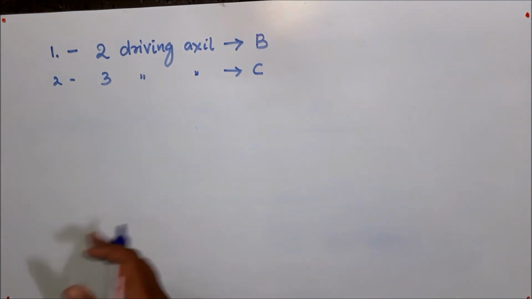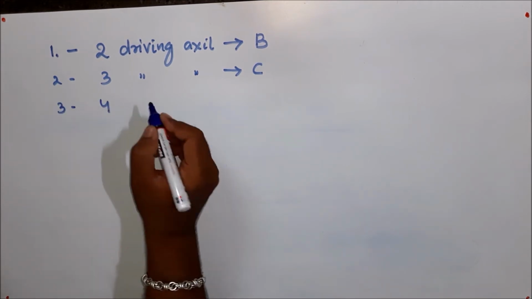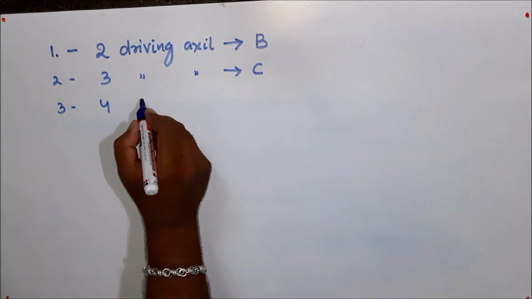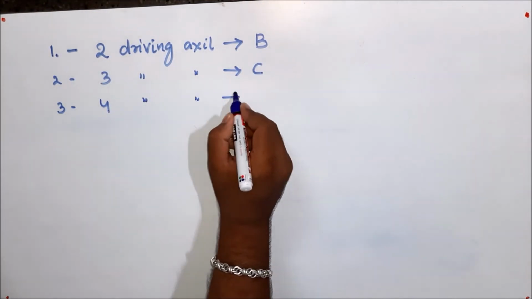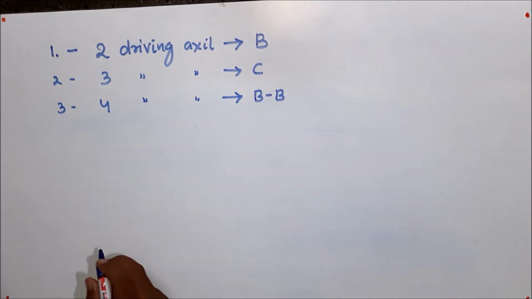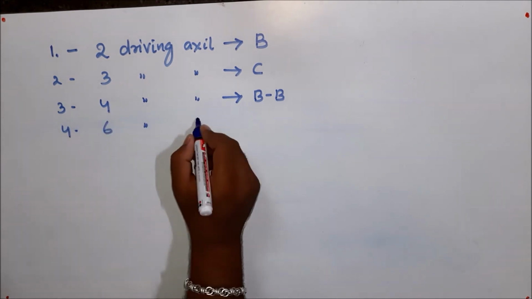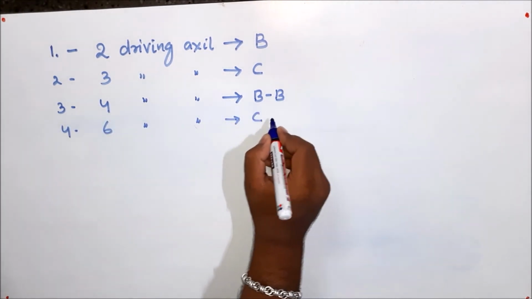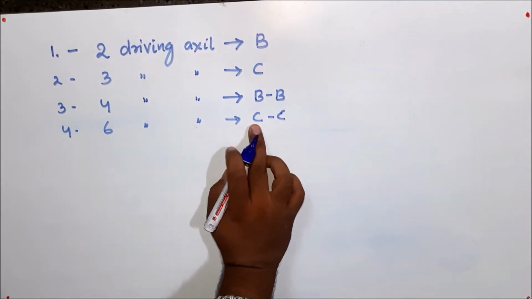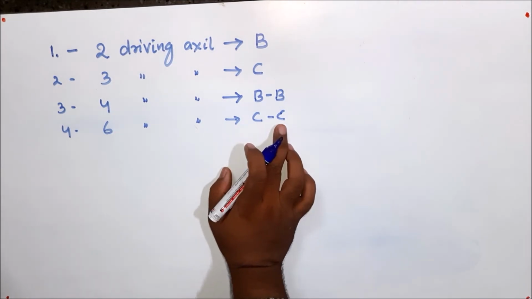Likewise, for four driving axles, since two driving axles is B, it will be B-B. If you go for six driving axles, it will be C-C. One C stands for three driving axles and the second C stands for another three driving axles.